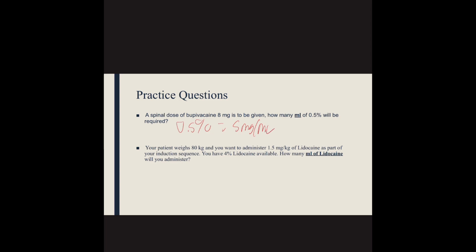And that's where it might be a little bit intimidating, because we say, obviously, if we give 2 milliliters, then we have 10 milligrams, and that's not what we want. So it's somewhere in the middle, and we know it can't be 1.5, because if we did half, then we get to 7.5.